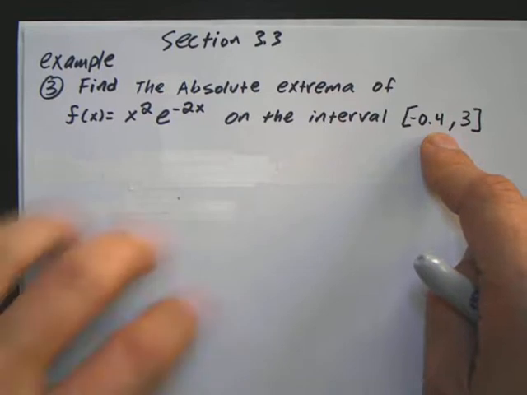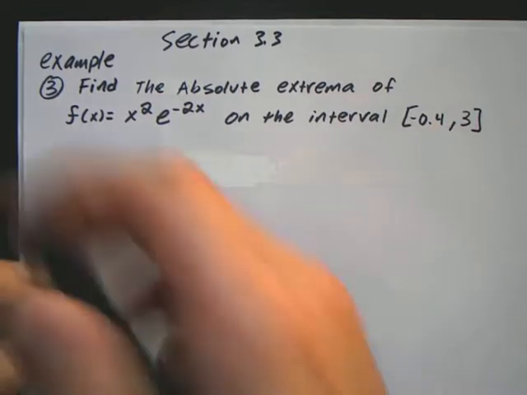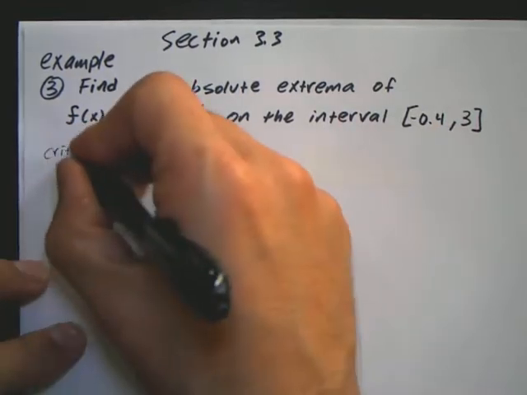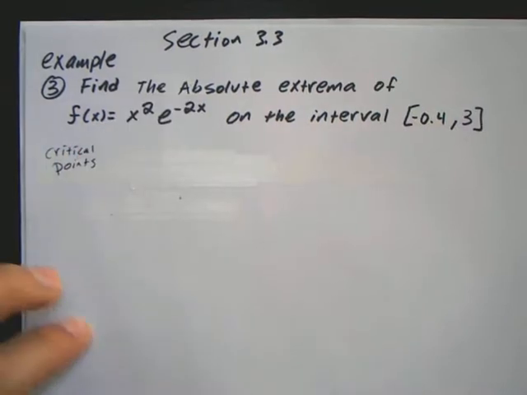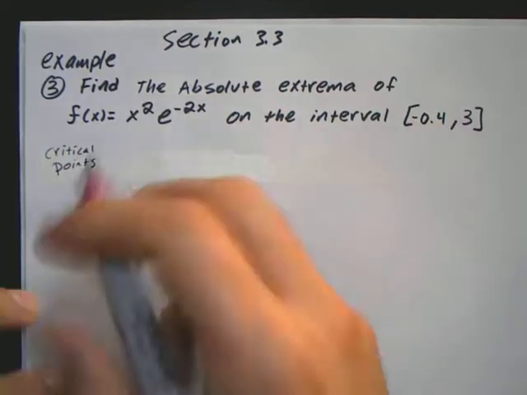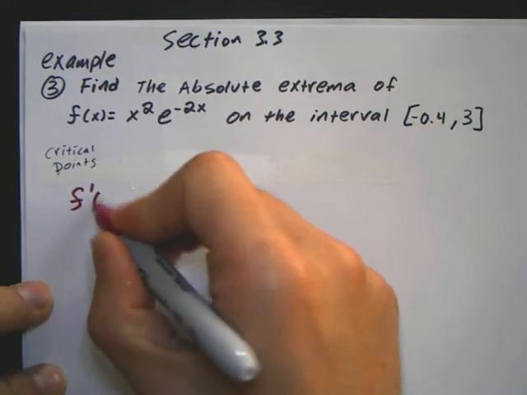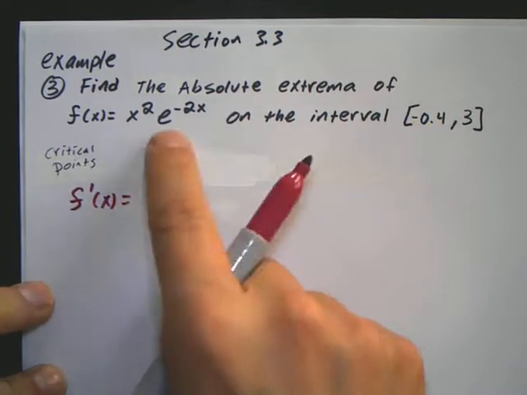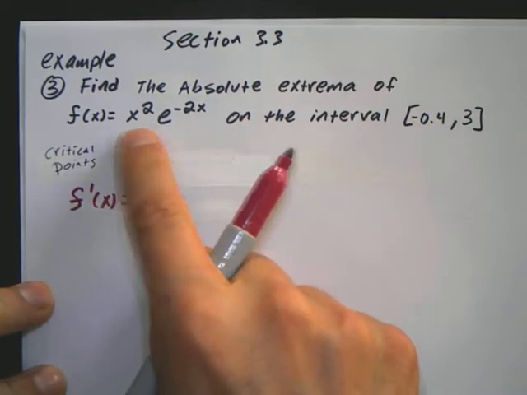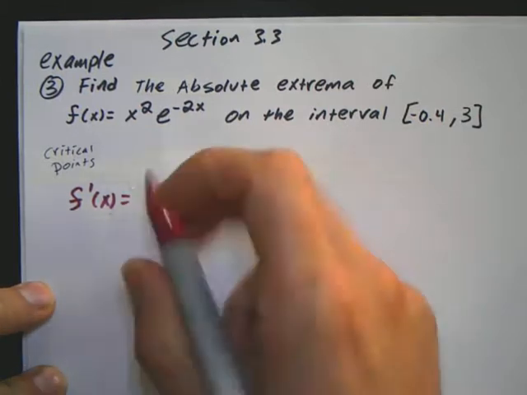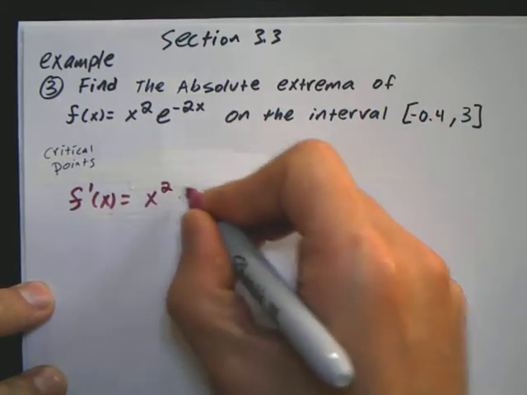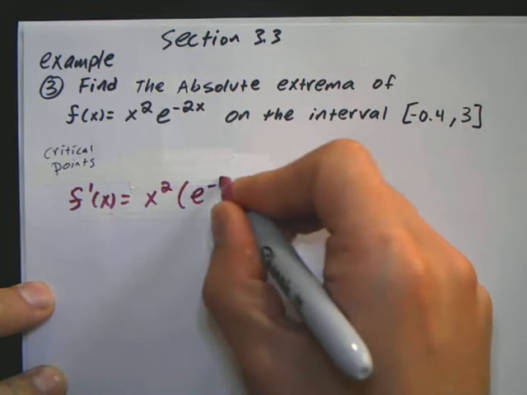So the problem starts off the same. I still have to find my critical points, so I'm still going to be using the first derivative test. To find the critical points, I need to find the derivative. This derivative requires the use of the product rule, and I'm also going to be using the chain rule. So this derivative is going to be x squared, and then e to the negative 2x.